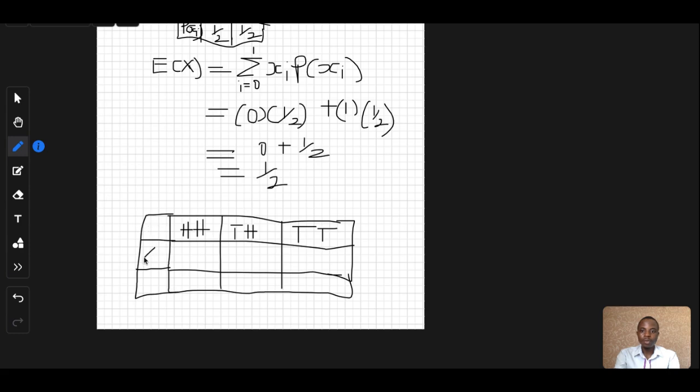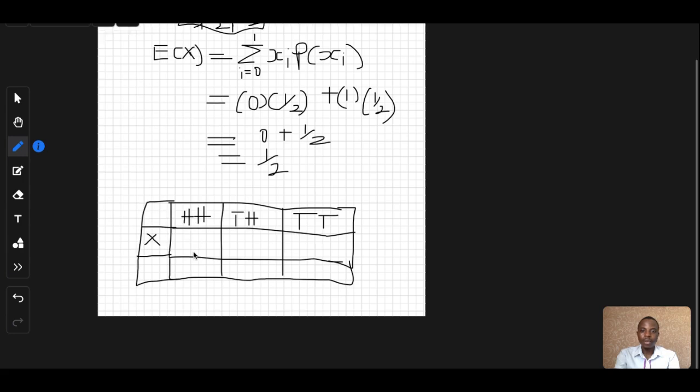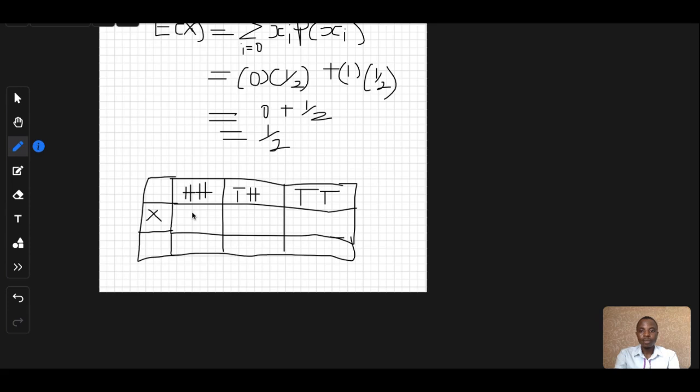So this will be the x now. In this case we have 2 heads, so we call that 2. Here we have just 1 head, we call that 1, and here we have tail tail, 0. So it doesn't matter the arrangement. What matters is that the probability of each outcome is in the right place.